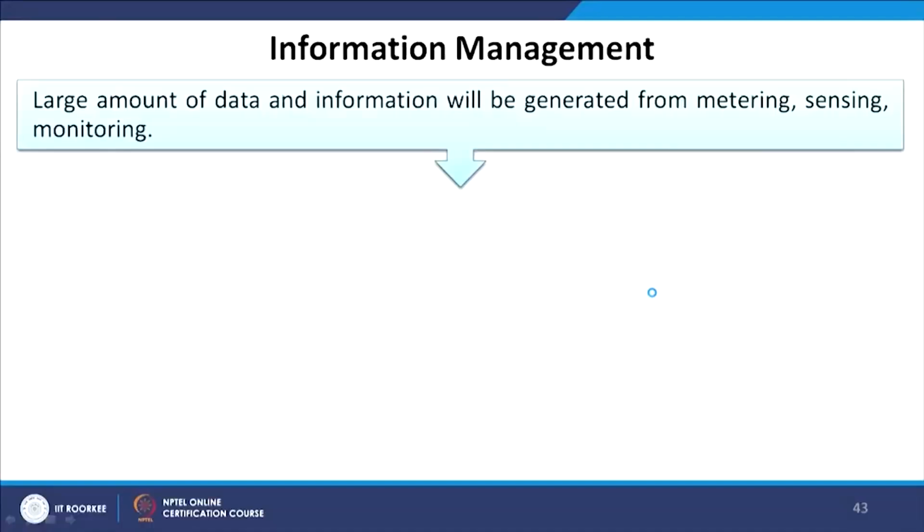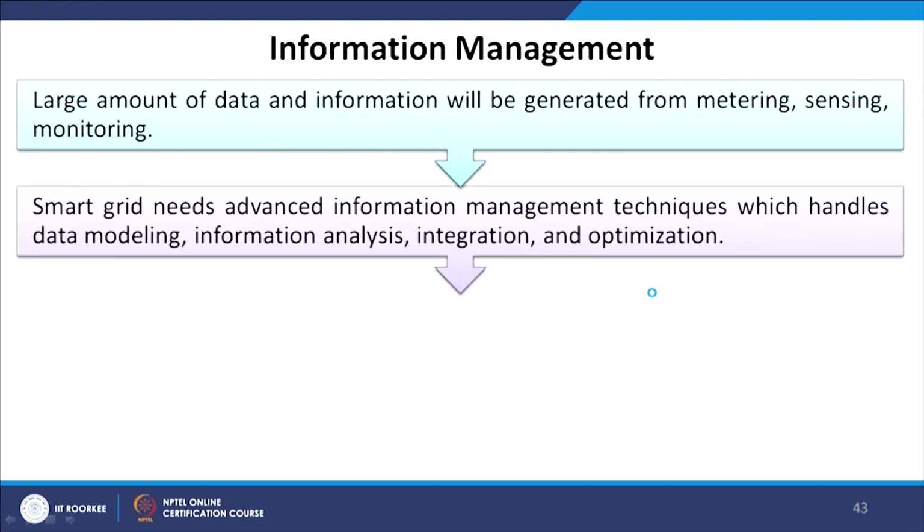And hence we have to manage the information. The information management is being carried out through different steps. A large amount of data and information will be generated from metering, sensing and monitoring through different equipment and devices, and those will be passed to the smart grid, which needs advanced information management techniques that handle data modeling, information analysis, and integration and optimization.